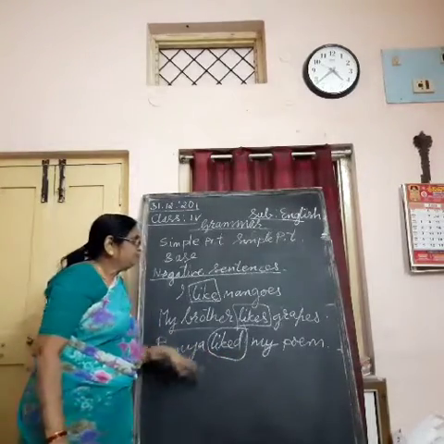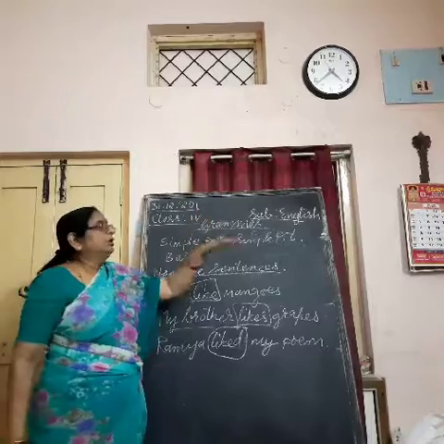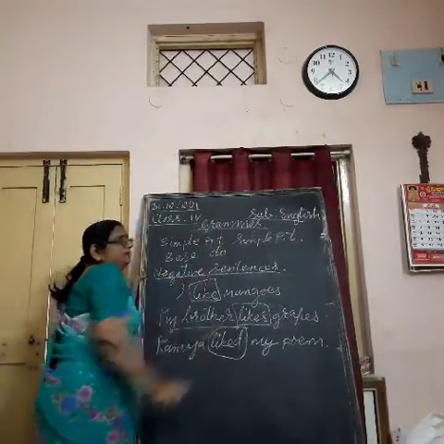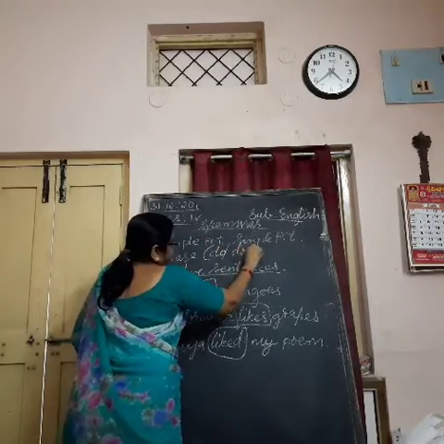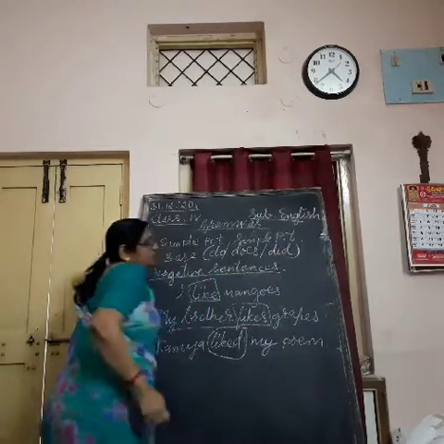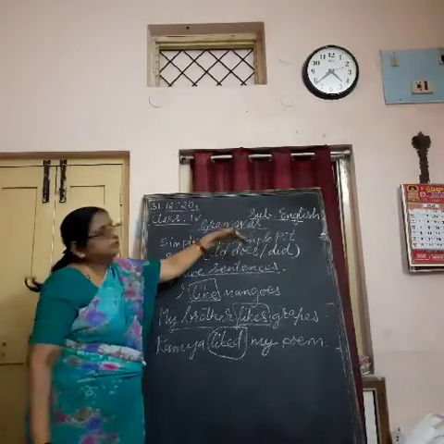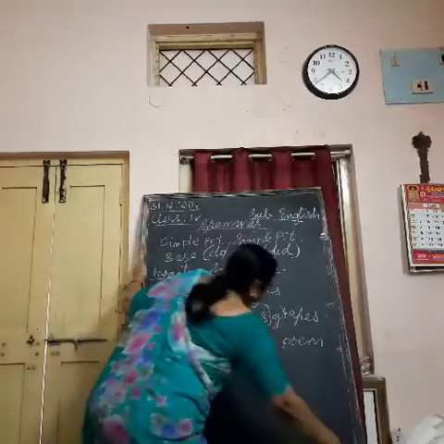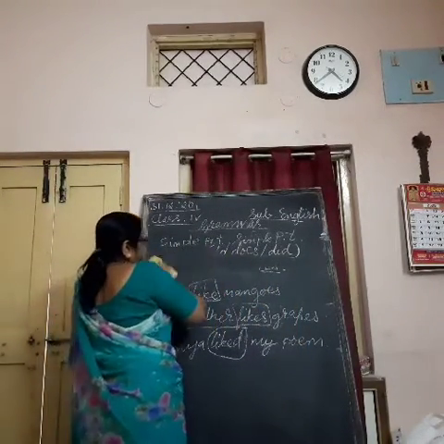So, we are changing these sentences into negative form by using do family verbs. Do family verbs means do, does and did. In a negative, we will have do not, does not, did not.